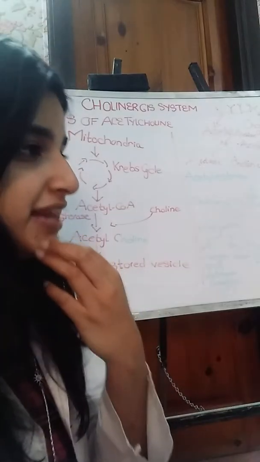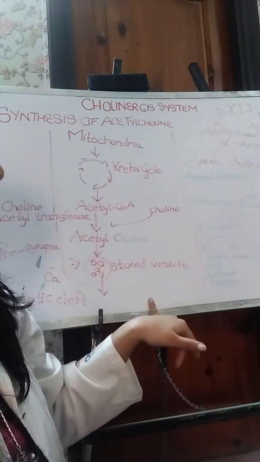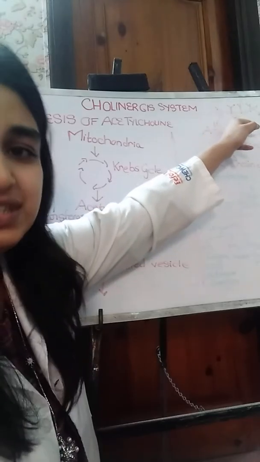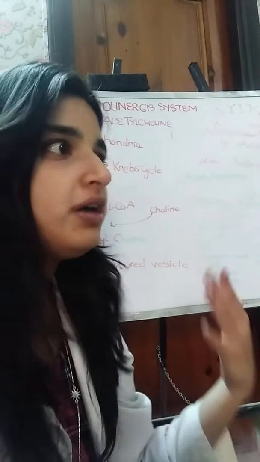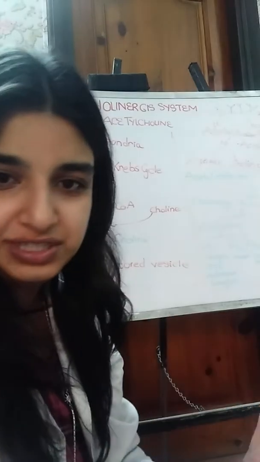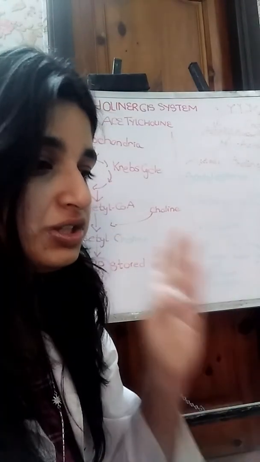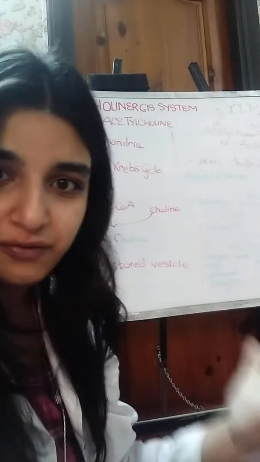Alright? Now we studied that once released from the presynaptic cleft, acetylcholine binds to these receptors. Receptors are all over the body; there is no part of your body that does not have a receptor. They are in your central nervous system, heart, lungs, GIT, urinary tract, everywhere.